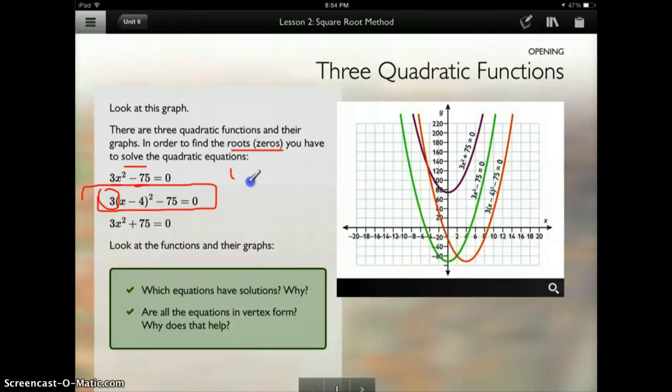Equation 1, equation 2, and equation 3. We know that the green one has 2 solutions, and the orange one has 1 there and 1 there. So we know that these solutions exist.